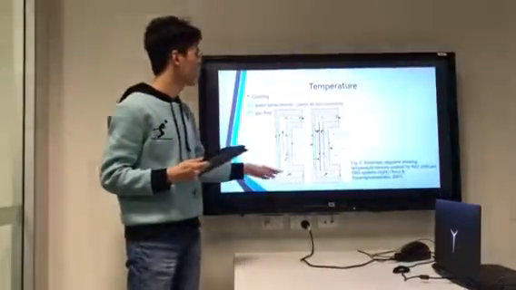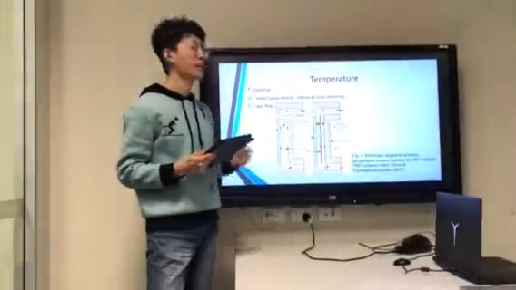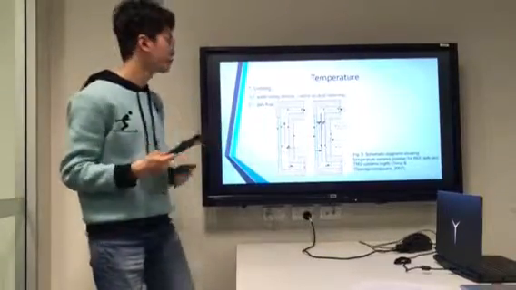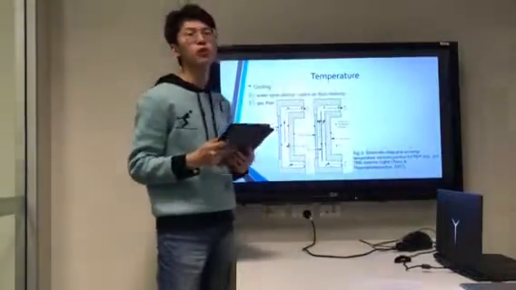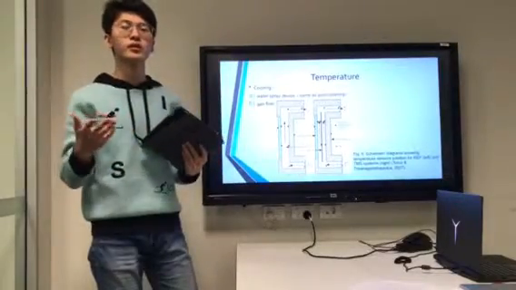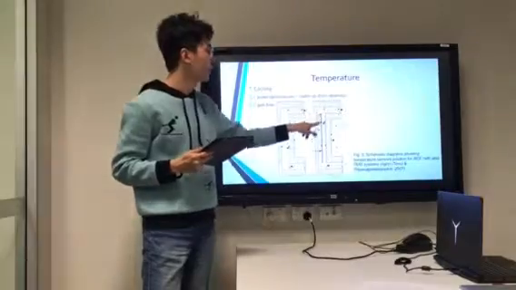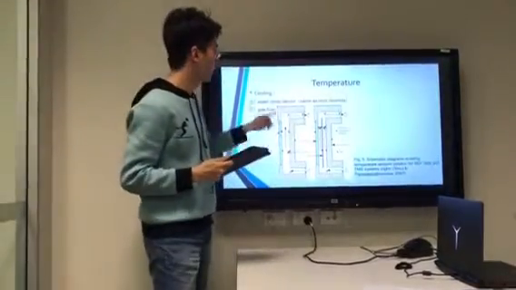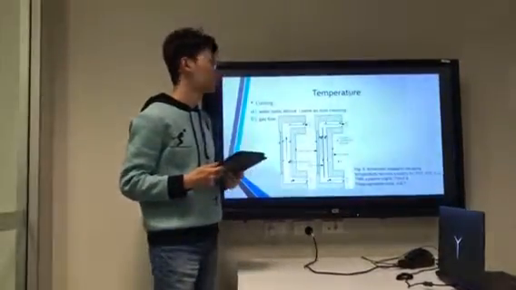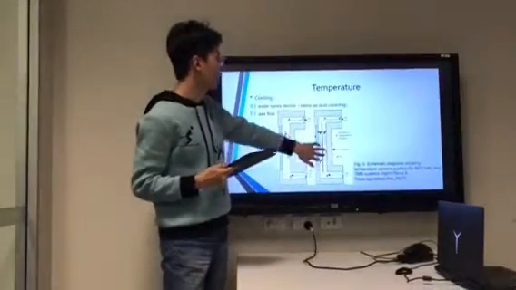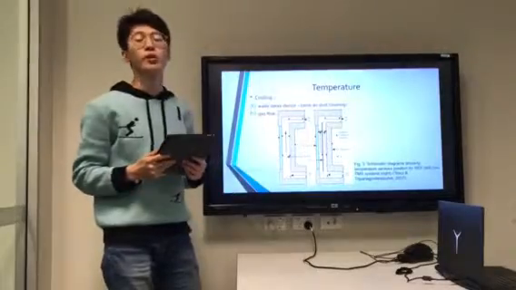And the air exits at the top of the whole system. And in order to increase the efficiency of this system, some authors put an air panel at the bottom, in the middle of the tube, so the air can go through the back of the PV panels twice.